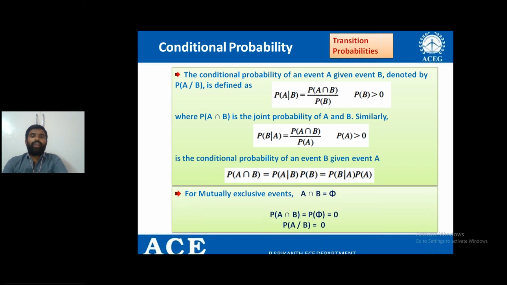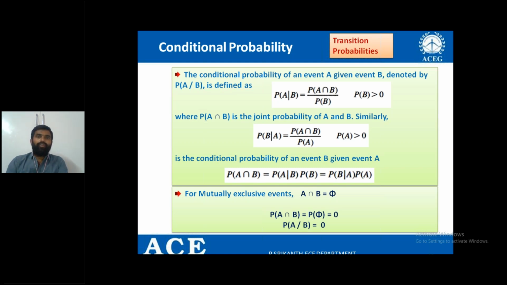And if the two events are mutually exclusive, in the sense there is no dependency of A on B, that is, the student is not coming by bus, ultimately the conditional probability does not exist, right?